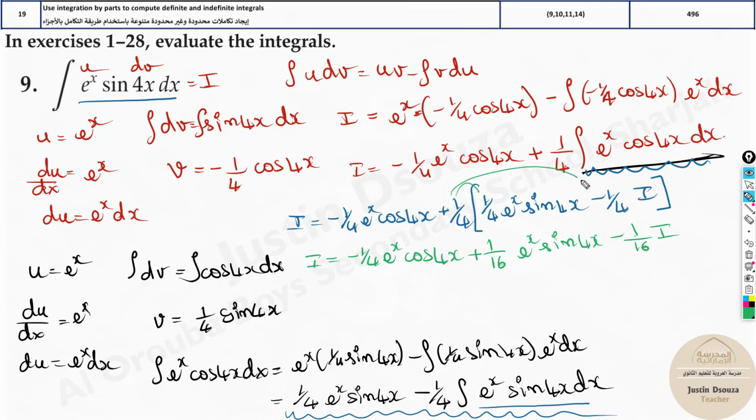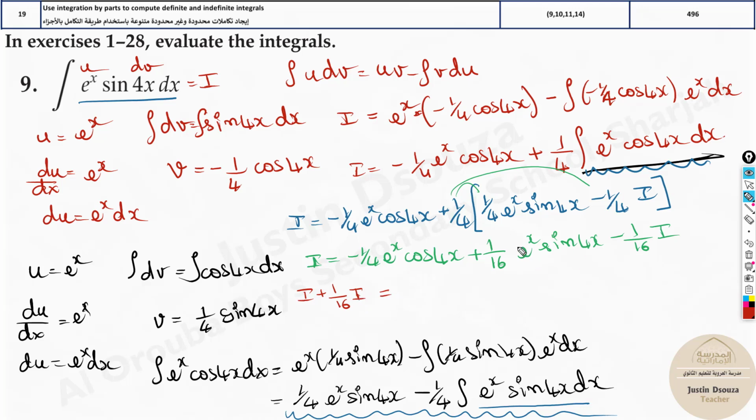Because this will be multiplied here and here. Now I can take this, whatever is over here, to the other side and add it up to I. Why? Because I and I are the same, right? And if I take it to the other side, what's going to happen? I plus 1 by 16 I. This is what we are going to get.